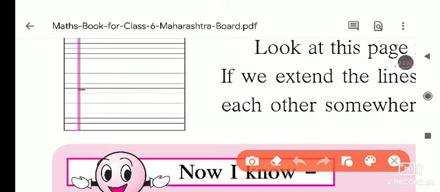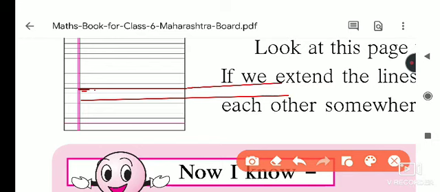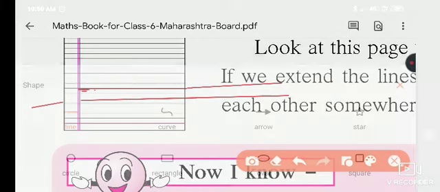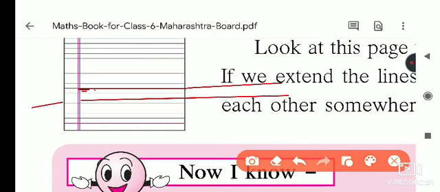If we start from here and draw the line, we can extend it also, but they do not intersect each other at any point. So such lines are called what? Parallel lines. But here, if you see, these two lines are intersecting each other, so they are called intersecting lines.